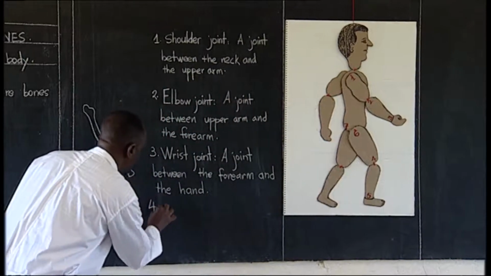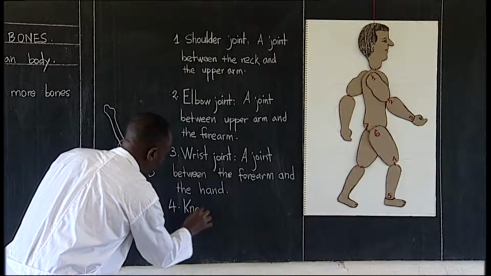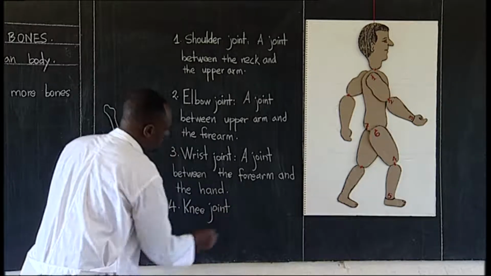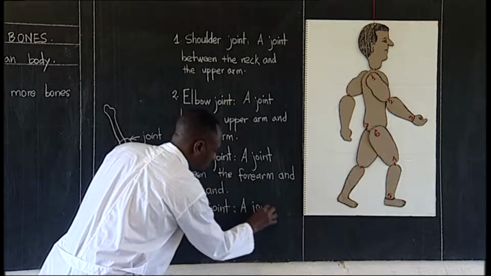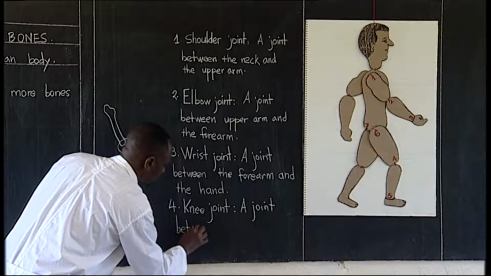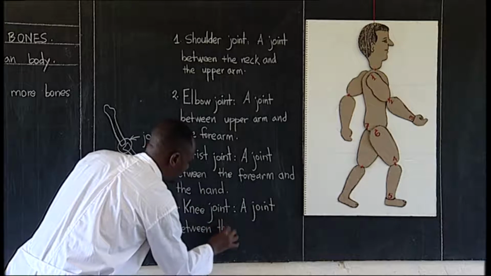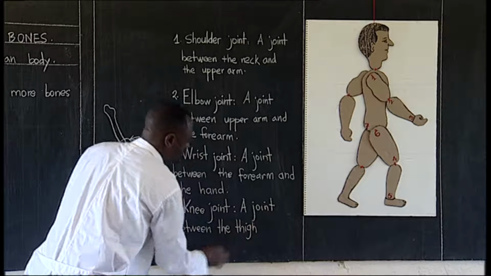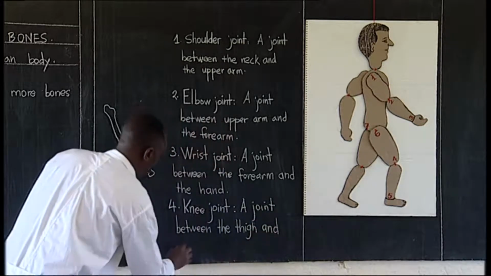Number 4 is the knee joint. That is a joint between the thigh and the shin.